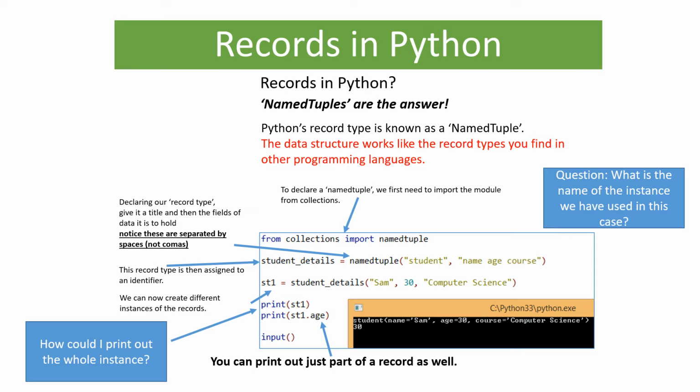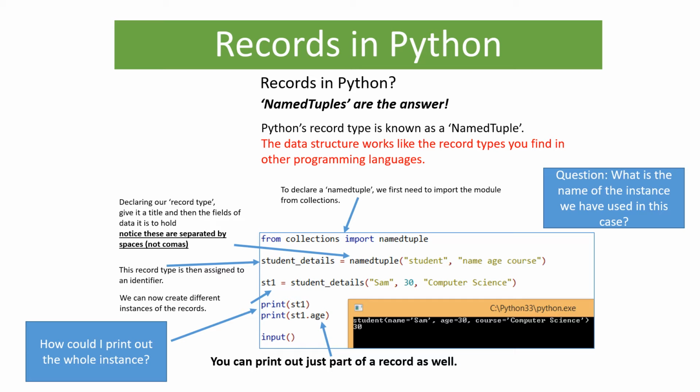We're saying each student or each student detail has to have a student name, an age and a course. Now, the student at the front is the identifier. And if we look on the third line down, the first student we're putting into our record is ST1. And that is our identifier. This is Sam, age 30 and studying computer science.